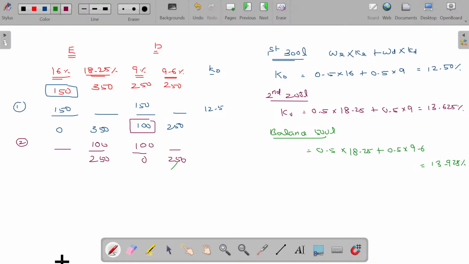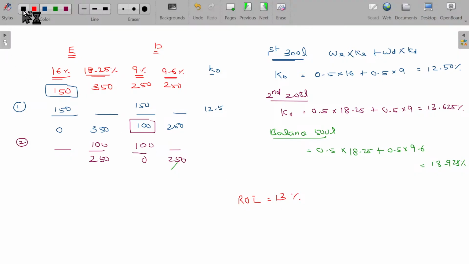If the ROI of a further project is, say, 13 percent, can I go for this or not? You have to cross-check whether the fund requirement is less than 300 lakhs or more than 300 lakhs. If it is less than 300 lakhs, 12.5 will be my cost and 13% is the ROI, so definitely I can accept.